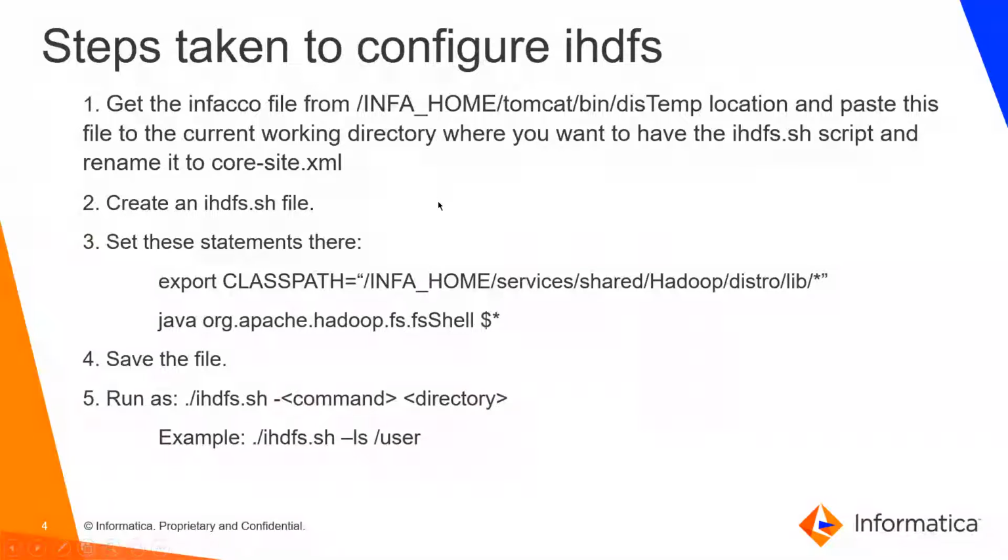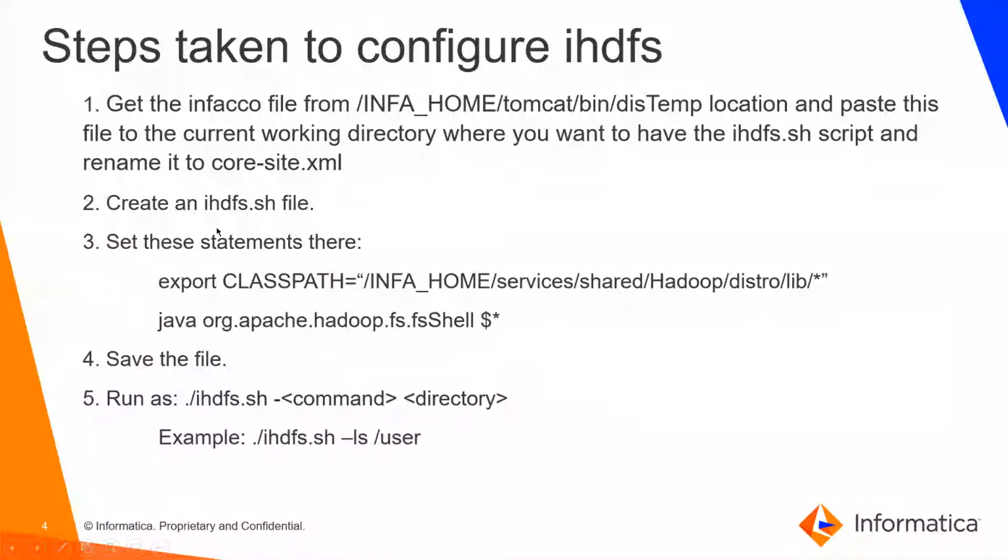So, the steps to configure ISDFS. The first step is to copy the infra.cco file from the infra-home tomcat bin DIS temp location and paste it into the current working directory where we want to have the isdfs.sh script, and rename it to the core-site.xml file. Also, we can copy the core-site.xml file itself from the cluster and paste it in the current working directory.